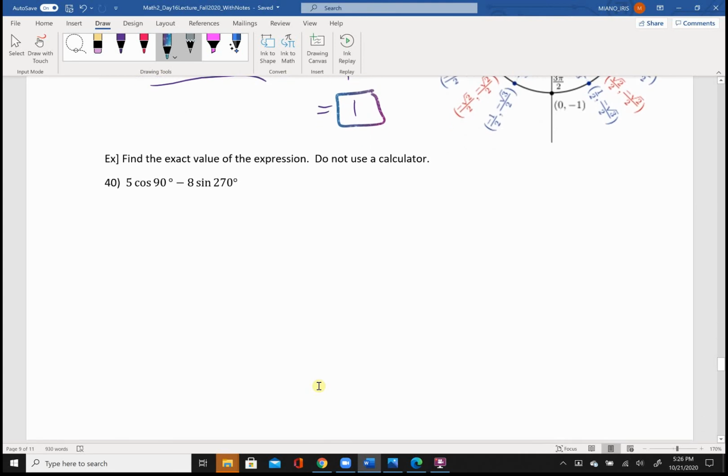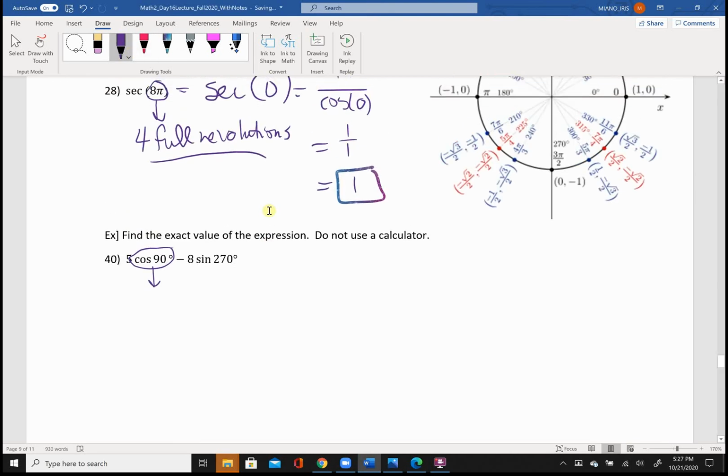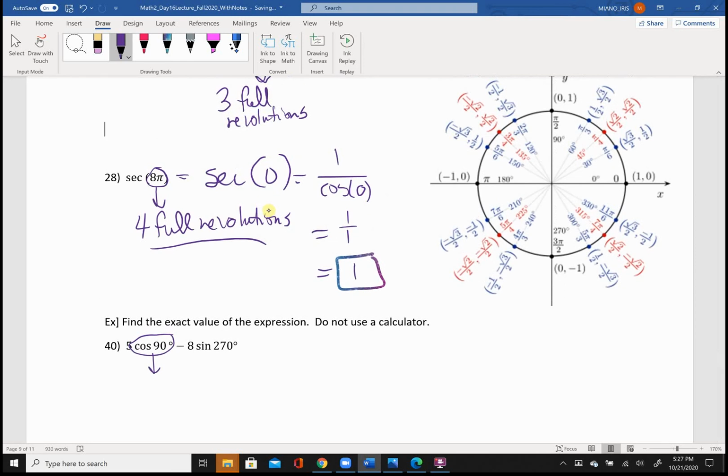Great. So let's figure out what is the equivalent of the cosine of 90 degrees. Well, that'll be the same as the cosine of pi over 2. Or, I mean, we could just go here. Here's 90 degrees, pi over 2. The cosine is 0, okay? So this value is a 0, so it's like 5 times a 0. That's going to just zero out this entire term. Really, we could just cross it out.